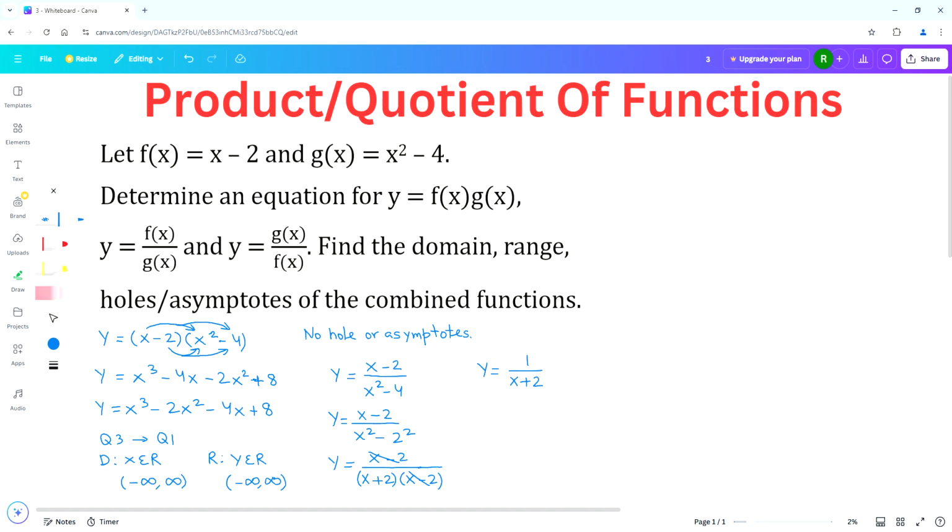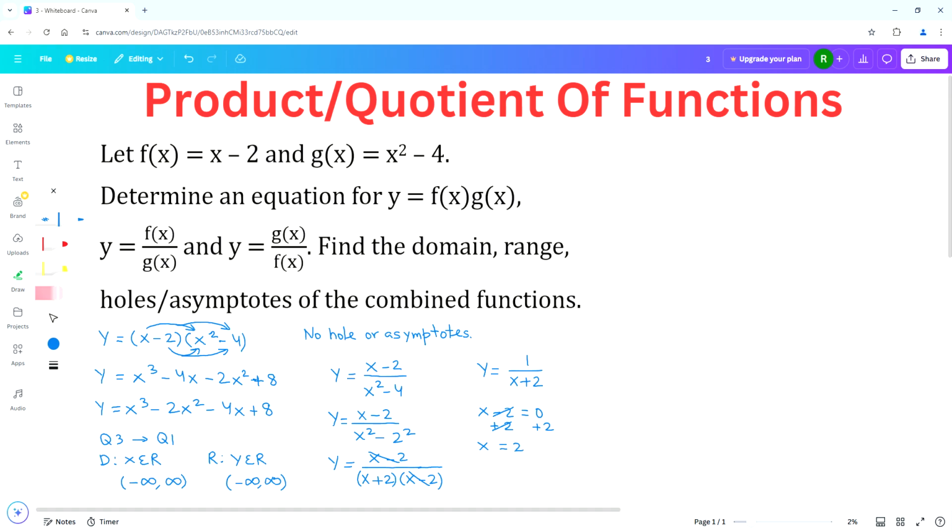This is a rational function. This rational function has a hole, a vertical asymptote, and a horizontal asymptote. For the hole, we should analyze the factor we cancelled out from the numerator and denominator. We should set x - 2 equal to 0 and solve for x. I get x = 2.